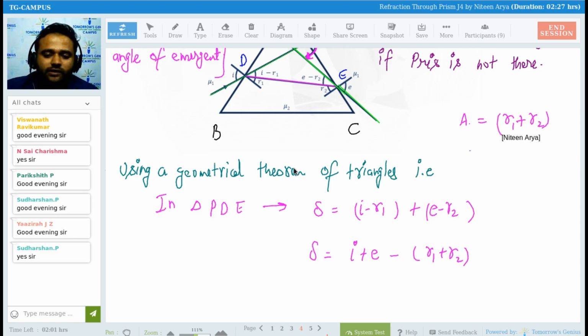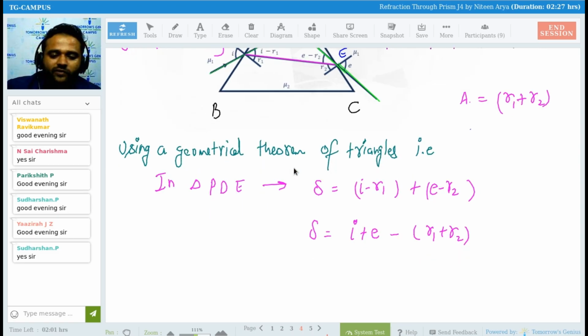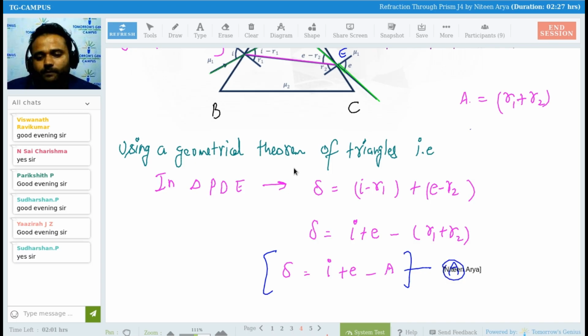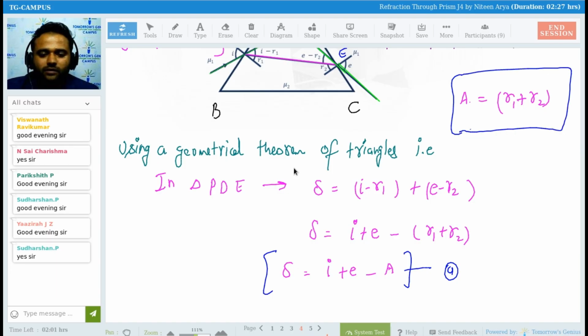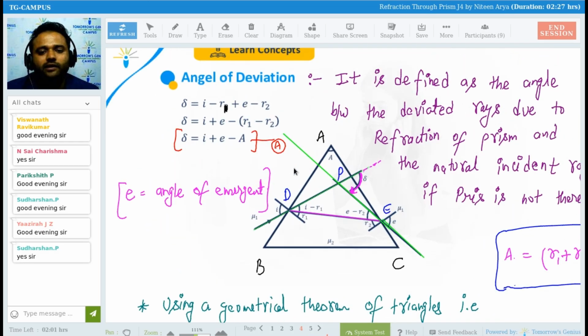So I can note it down in this way also. Clear? So this angle of deviation is nothing but i plus e minus of angle A. Again, proof of equation A, small i and e, because capital A is angle of prism. Is this clear, everyone? Clear? So this we already proved.